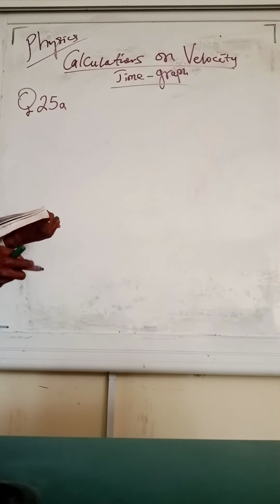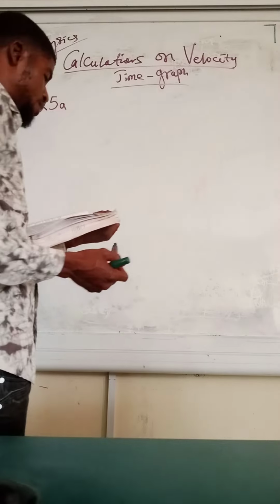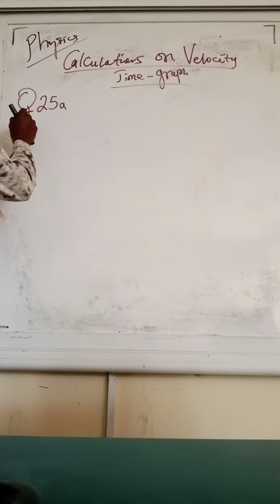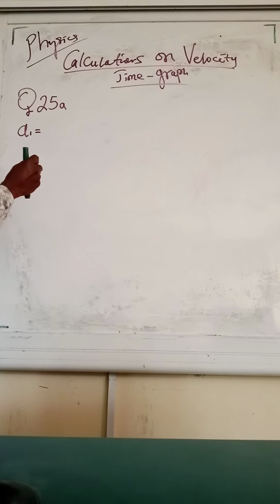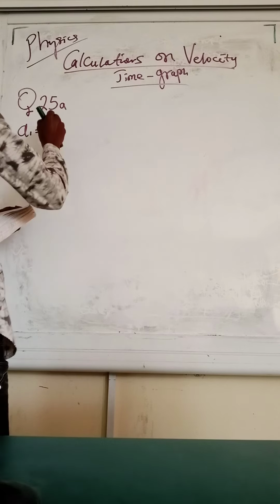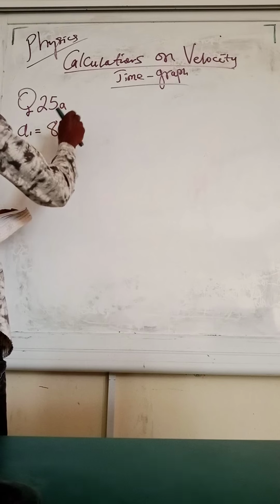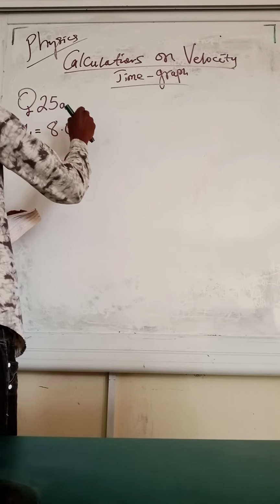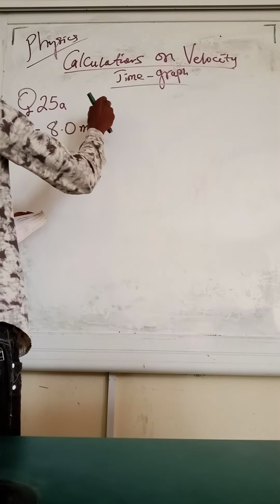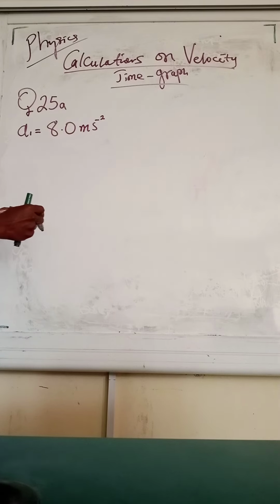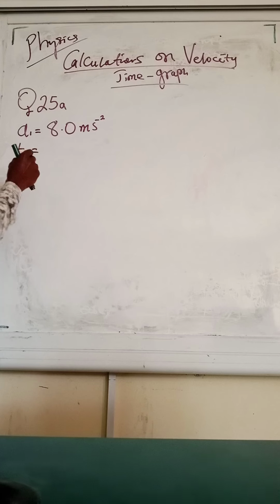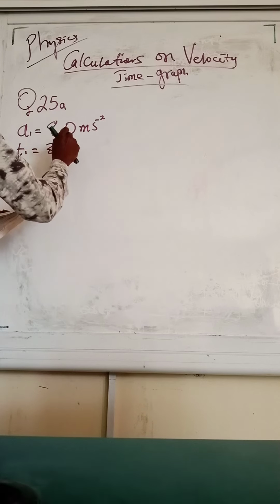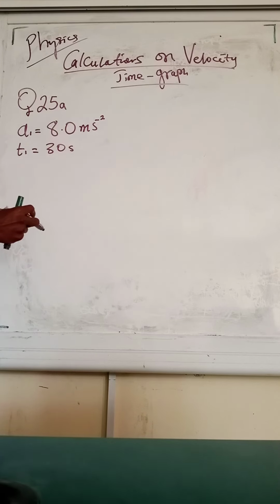A body at rest is given an initial uniform acceleration. Let's say this is our a1, an initial uniform acceleration of 8.0 meters per second squared, for a time, let's say this is time t1, of 30 seconds.